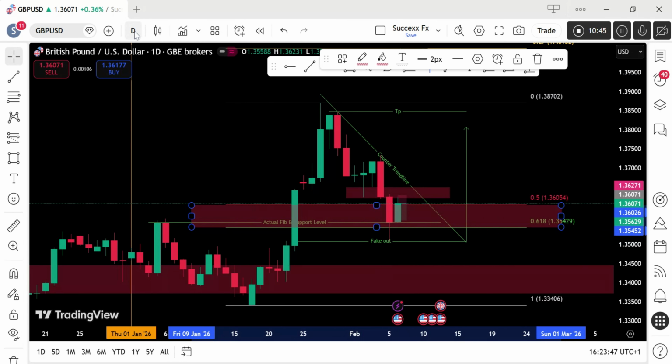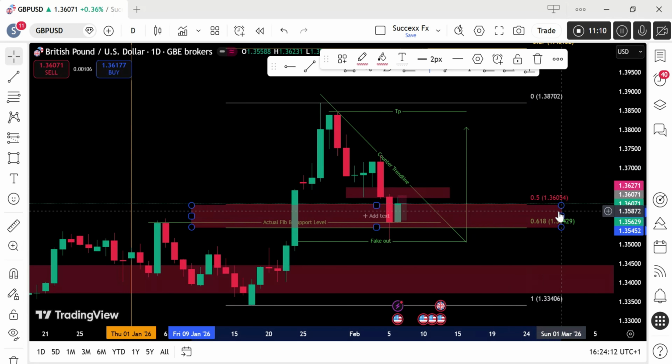So the daily time frame gives you a clear understanding of what happens here. This was a fake out because this candle closed inside this 50% Fibonacci retracement zone, which means we're still very much anticipating a buy. That's why you see me put here fake out.